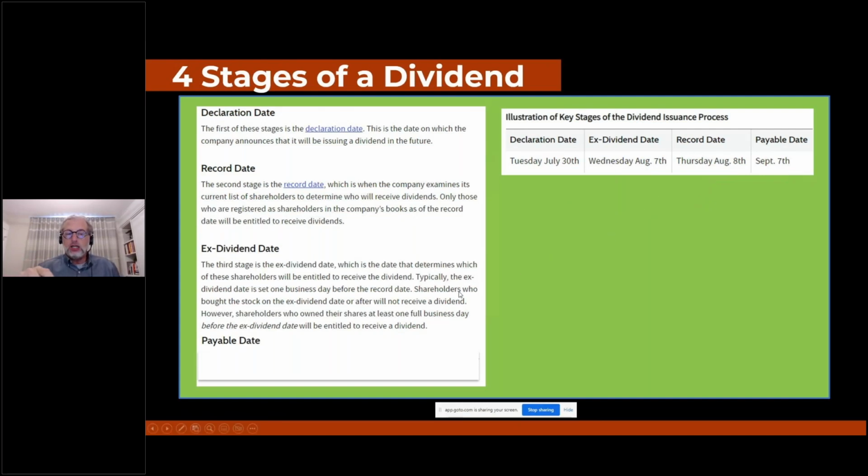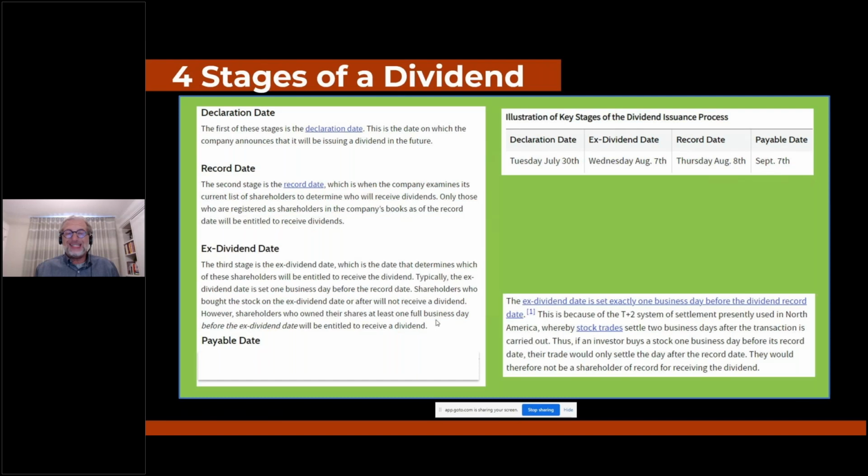Shareholders who bought the stock, read this carefully, who bought the stock on the ex-dividend date or after will not receive the dividend. So here, the important takeaway, obviously, is if you're going to own that stock, you have to actually buy the stock by close of business the day before the ex-dividend date.